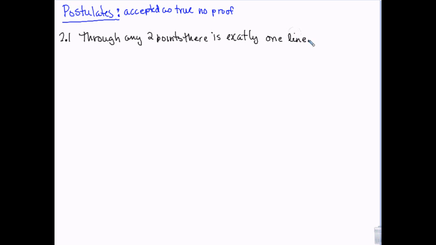The first one says through any 2 points there's exactly one line. So if I give you any 2 points in space, you can draw only one line that'll go through both of those points.